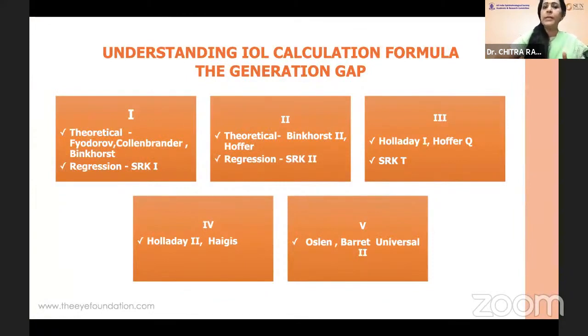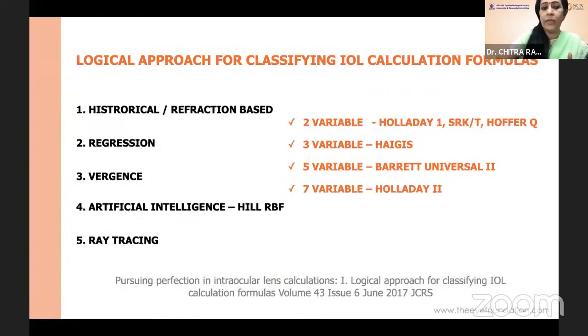We also need to understand there has been a generation gap in our understanding of the IOL formulae. Like earlier, we started off with the theoretical formulae, and then came the Vergence, and today we have the Gaussian formula, and we have further gone on to more statistical ways of understanding.